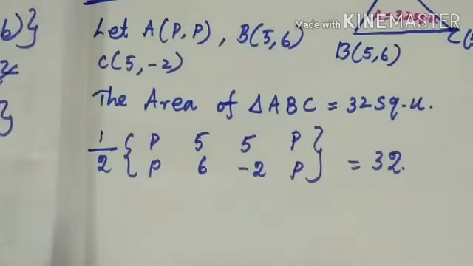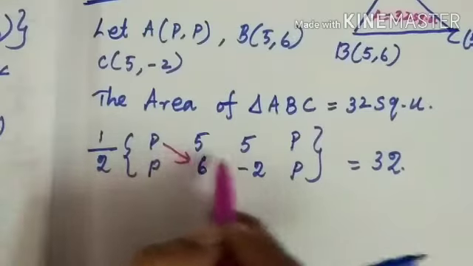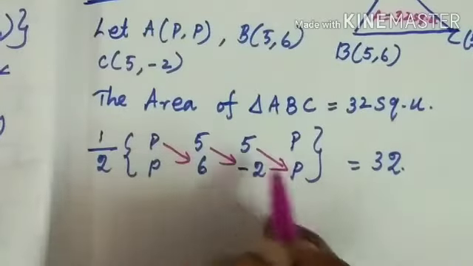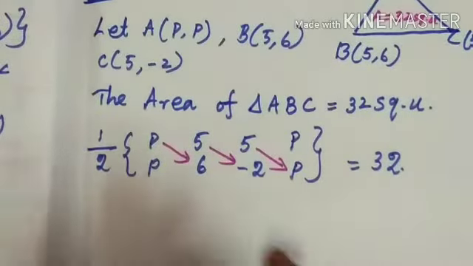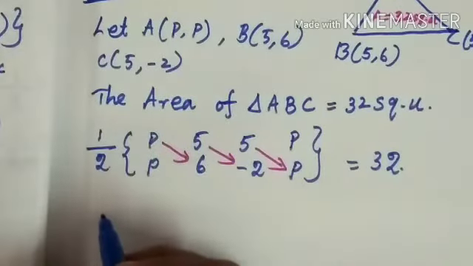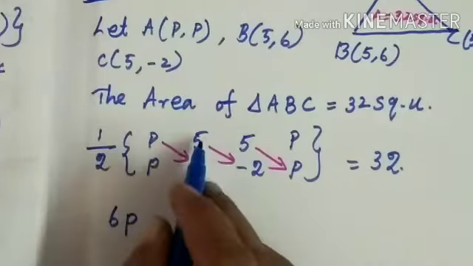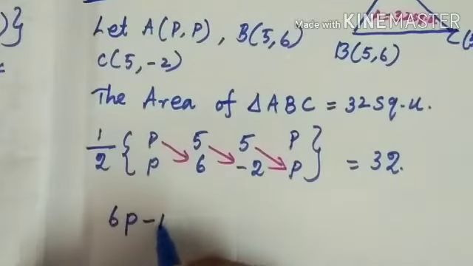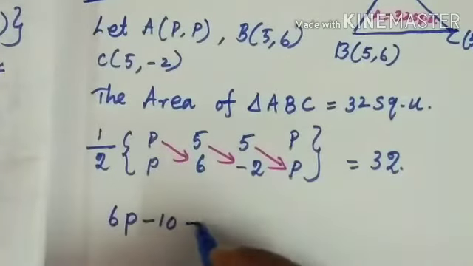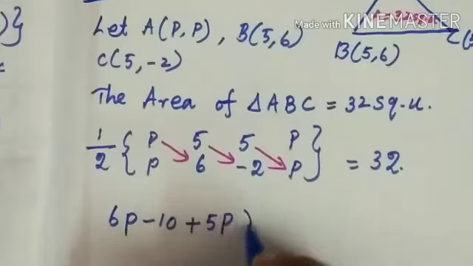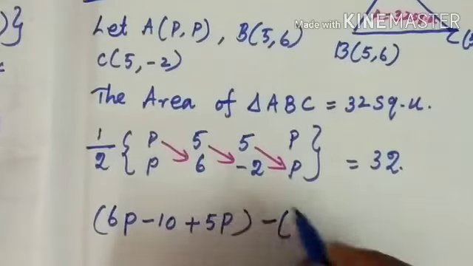So now you multiply from top to bottom. Then we get P into 6, 6P; 5 into -2, -10; 5 into P, plus 5P; minus of.